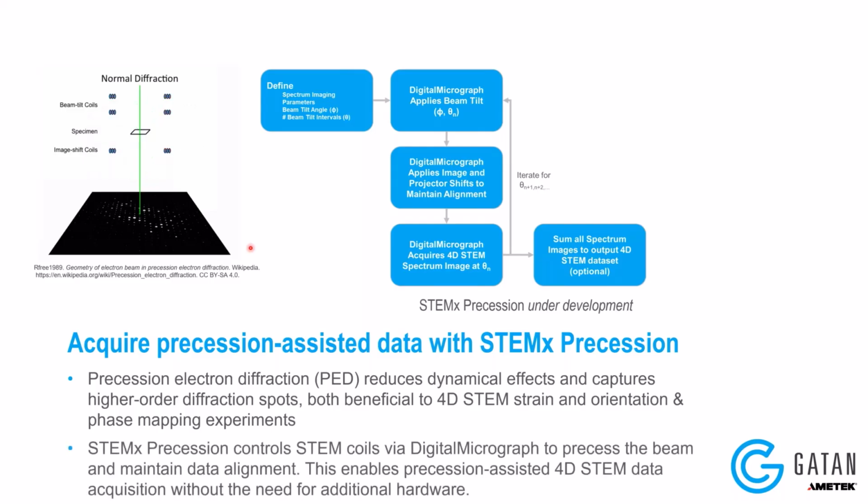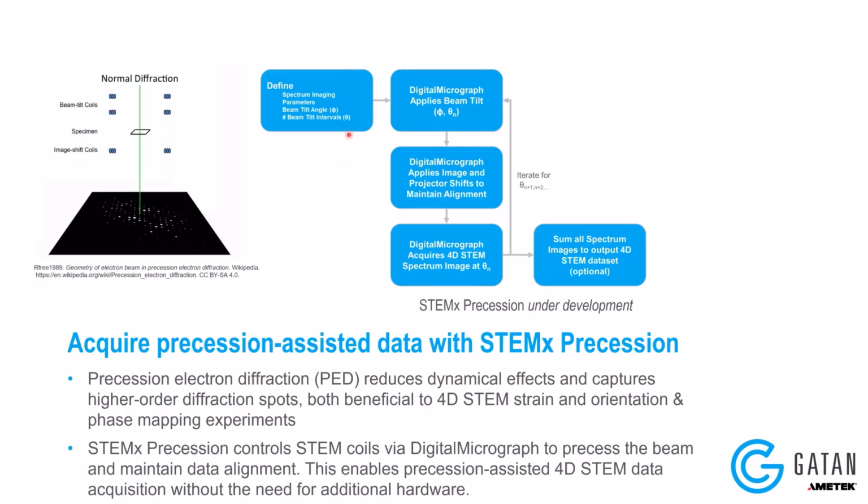And so what we're working on is developing a method for acquiring essentially a sequential tilting approach to acquire precession-assisted 4D STEM data in DigitalMicrograph using only software controls without the requirement for any additional hardware to be installed on the microscope to do this kind of analysis.